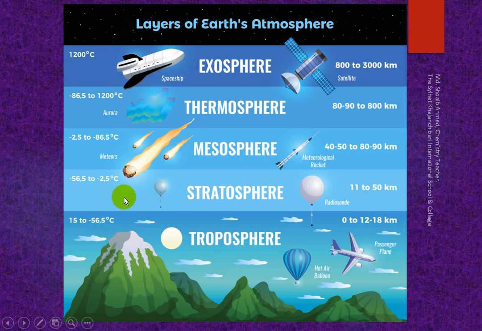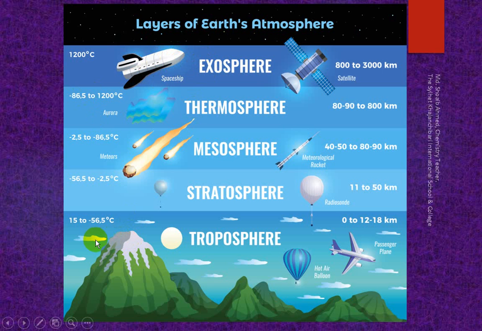In the stratosphere, the temperature increases again, from minus 56.5 to minus 2.5. In the mesosphere, the temperature decreases again. In the thermosphere and exosphere, the temperature increases. The exosphere is near the sun, so its temperature is constantly increasing.